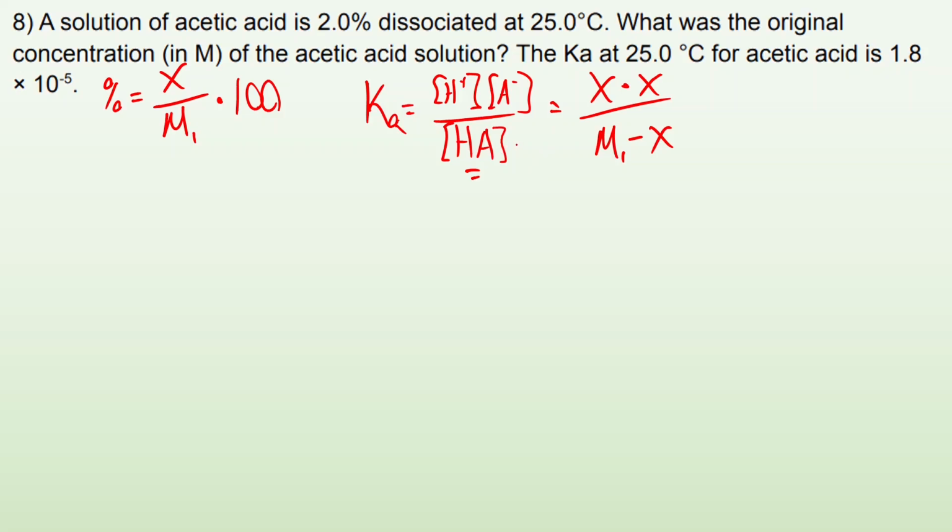So now we have two variables and two equations. What am I trying to solve for? I'm trying to solve for the original concentration in molarity. So let me replace X with M1 and rearrange this.